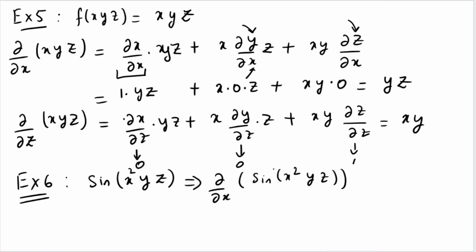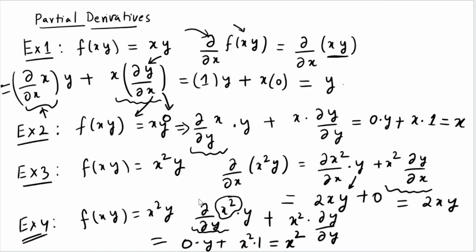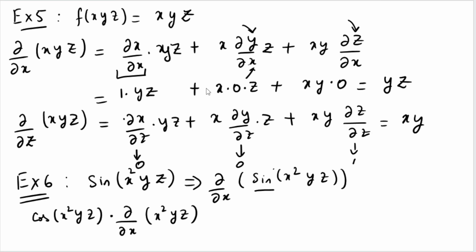Now we know that the derivative of sine x is equal to cos x. So what we will do is write it as: you take the derivative of sine, we get cos of x square yz, times the partial derivative of x square yz. And as we have seen in the previous examples, we can treat the variables y and z as constant.